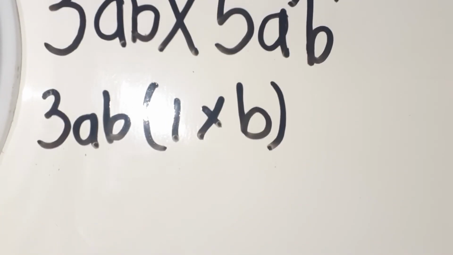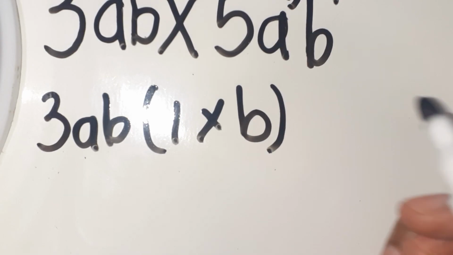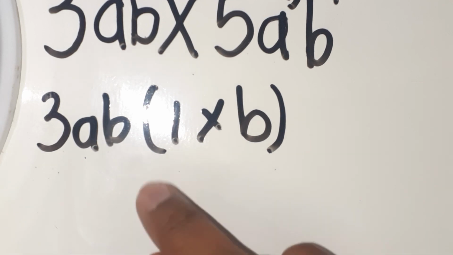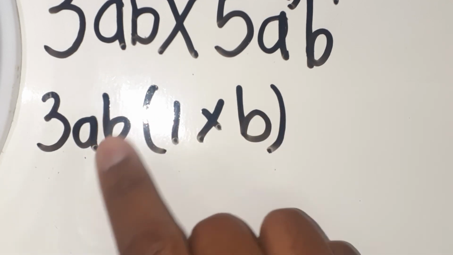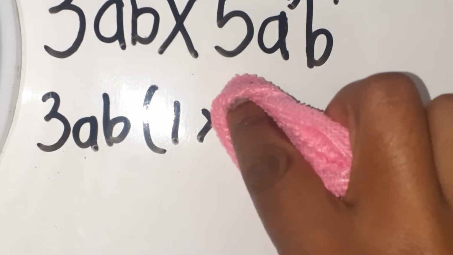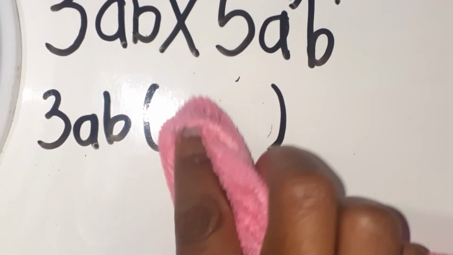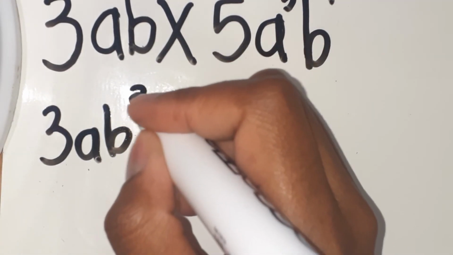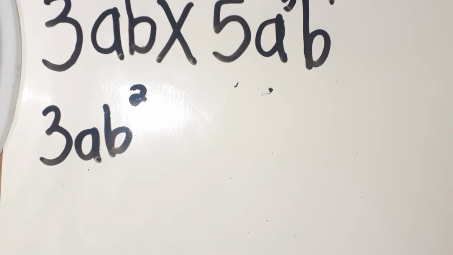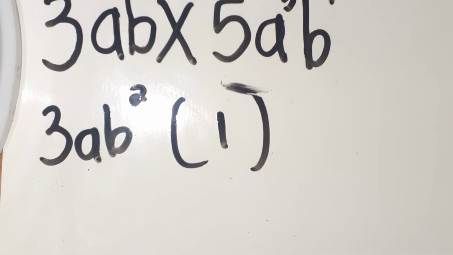So outside we have 3ab squared. Yeah, we have 3ab squared here. What we can do here is that we can still write this as 2ab squared, right? Which means here in the bracket you must have 1 so that you still have the same thing.